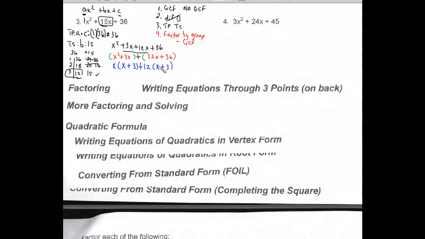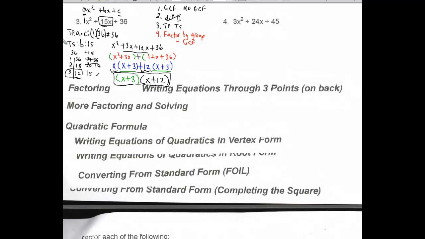So now that I've pulled out the greatest common factor, what's left over is my answer. You can see that x plus 3 is easily one of my answers. What's left over, x plus 12, becomes my other factor. Notice they're factors, so they are multiplied together, and this is the answer.